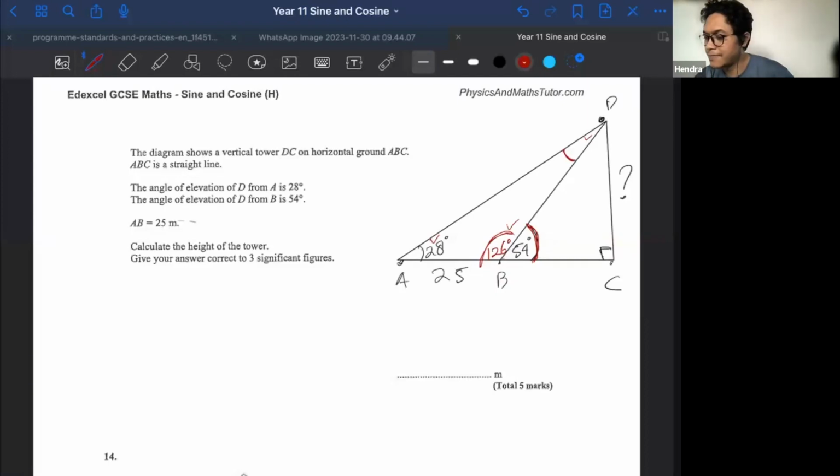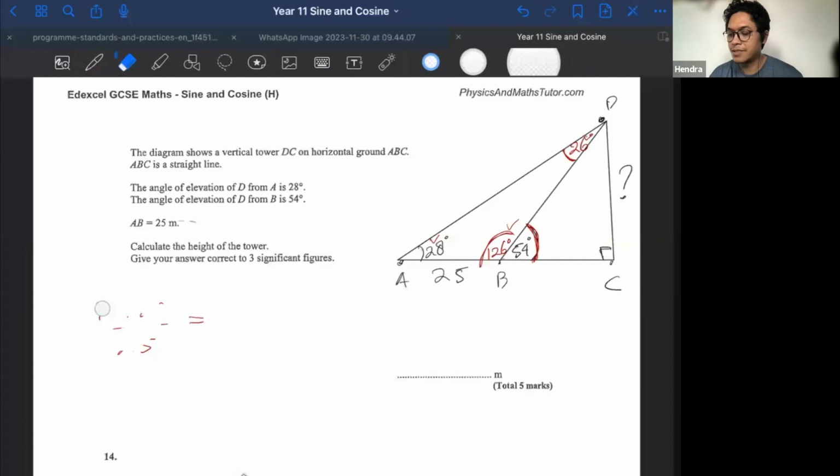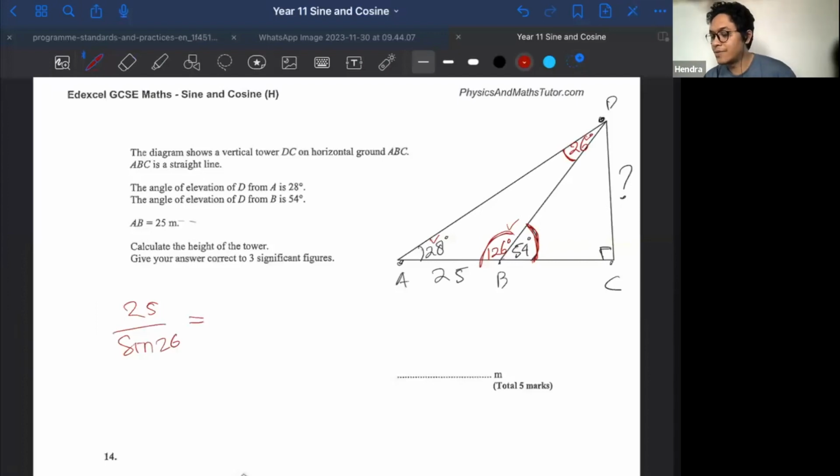So the sine rule says 25 over sine 26 equals AD over sine 126.